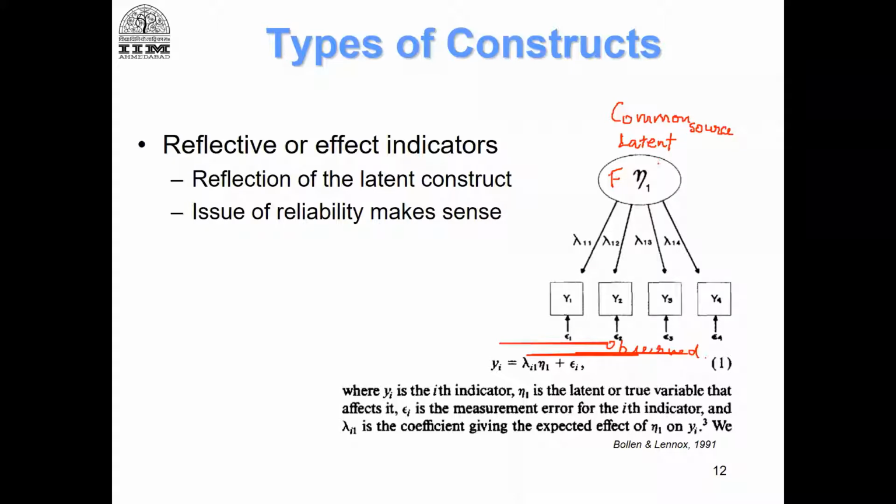So if this latent construct f increases, y1 is also going to increase, y2, y3, and y4 as well, because this increase causes all of them, and therefore these items are going to be correlated to each other.